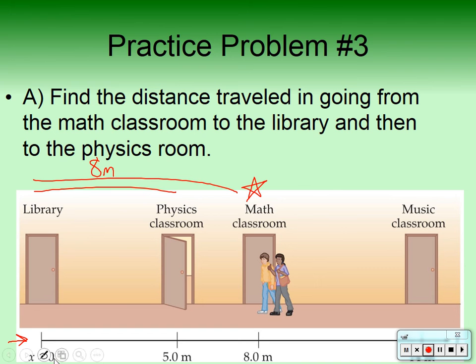We're going from 0 back to 5, so that's 5 meters, right? So what was his total distance? 13 meters. Okay? Does that tell us anything about direction? Nope. He just walked a total of 13 meters. That's all it tells us.